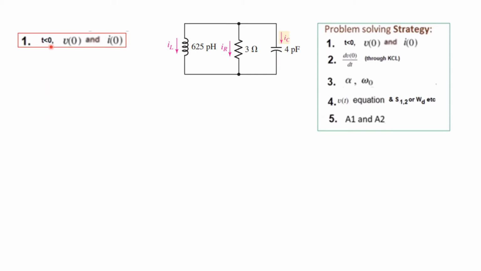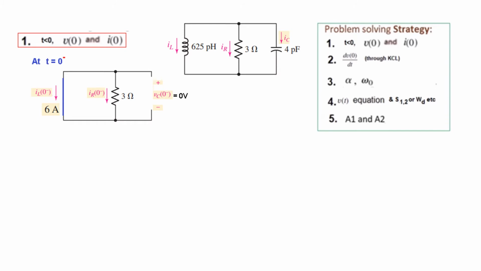It is given that I0 is 6 ampere for t less than 0, and V0 is not given, but we know that V(0+) was given to be 0 volt. That means V(0-) has to be 0 volt, because the capacitor voltage cannot change instantaneously. So we found the first two.